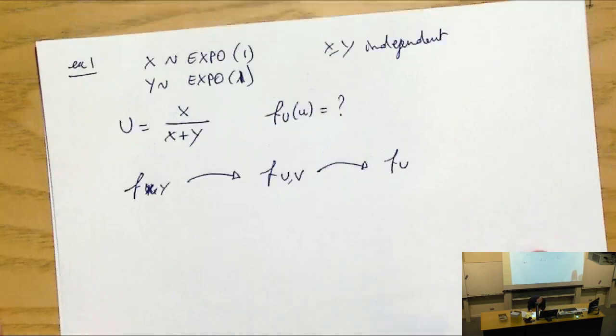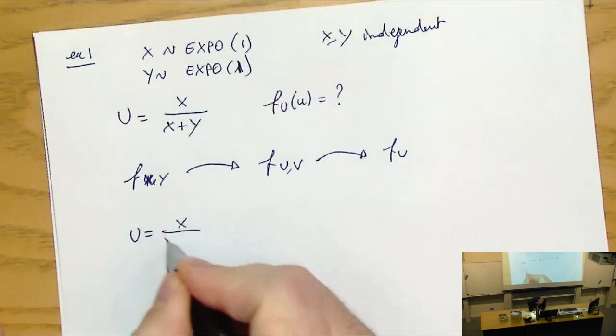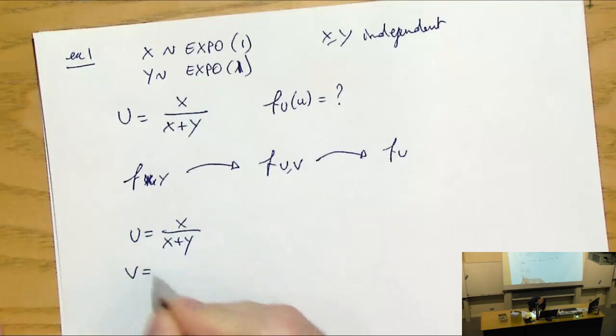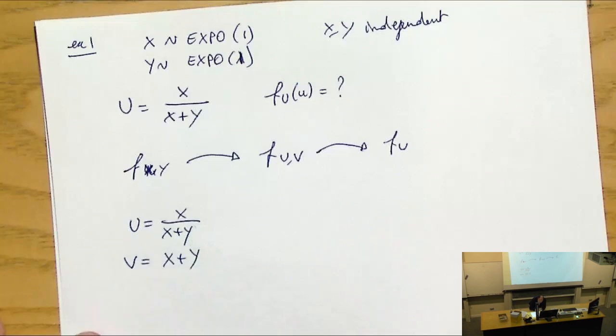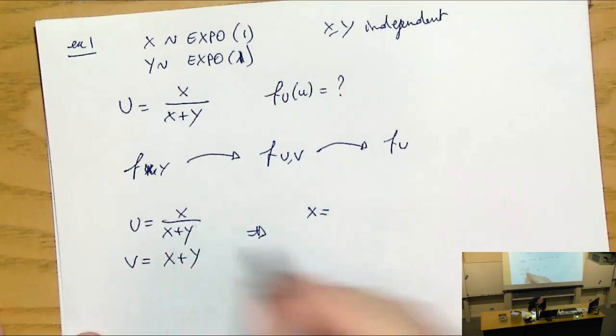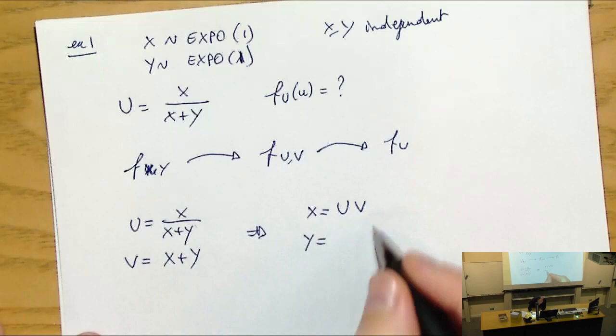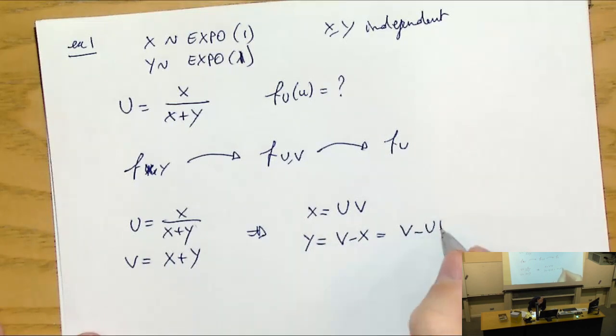There are multiple things that we could do, but let's say u is x divided by x plus y, and v I can take equal to x plus y, just the denominator here. So if I do this, that means actually x is equal to u multiplied by v, and y is equal to v minus x, it's equal to v minus uv, or v multiplied by 1 minus u.